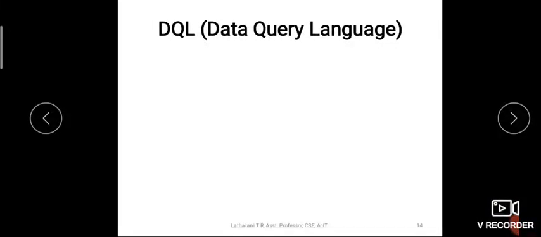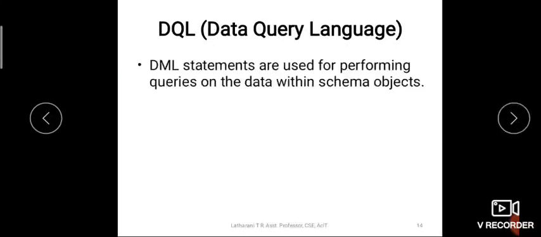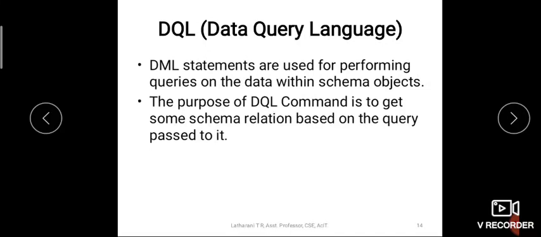So next, data query language. DQL statements are used for performing queries on the data within schema objects. DML is to manipulate the data which is present in the database. DQL is used to query.